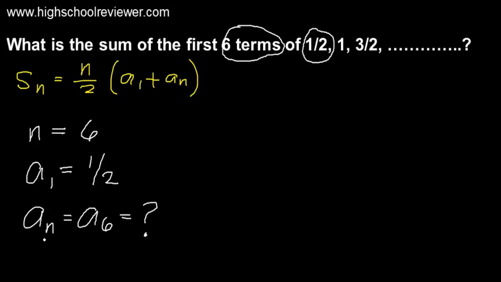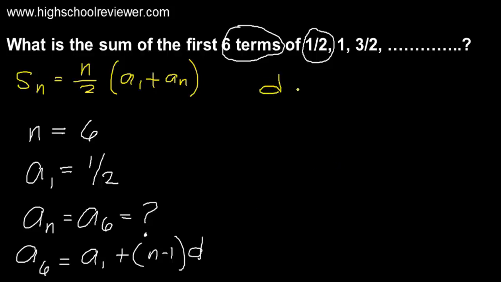We have the formula to find a sub n, or a sub 6. So a sub 6 equals a sub 1 plus n minus 1 multiplied by d. We have first to find the value of d. So d now is just the difference of 2 consecutive terms.